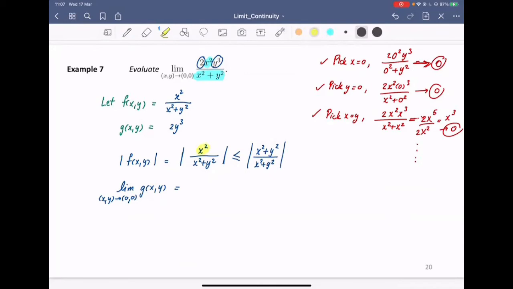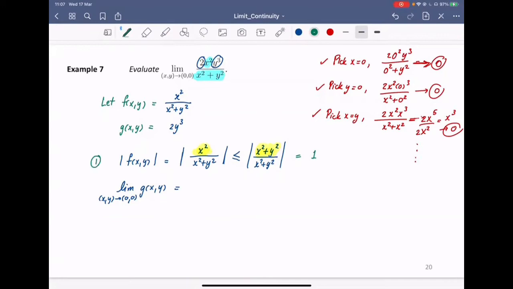On the right-hand side, you have x squared plus y squared, which is bigger. Well, I should say at least x squared on the right-hand side because you add y squared, and y squared is bigger than or equal to 0 for sure, right? So when you compare them, you get this inequality, and that will cancel out to be 1, which means you already have condition number 1: absolute value of f of x, y is less than or equal to 1.